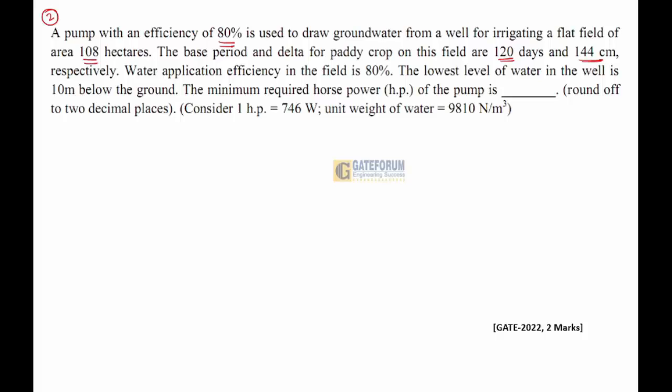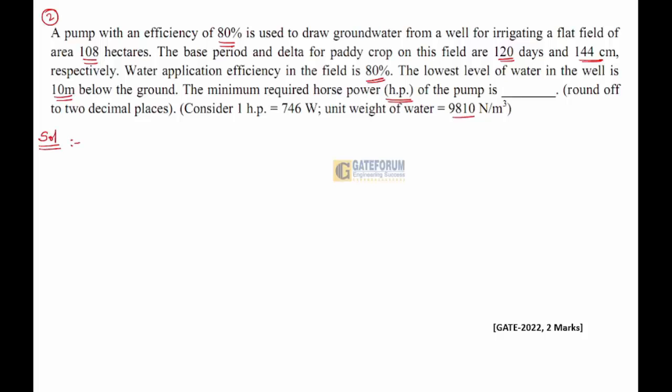Water application efficiency in the field is 80%. Lowest level of water in the well is 10 meter below the ground. The minimum required horsepower of the pump is dash, round off to 2 decimals. Consider 1 HP equal to 746 watt. Unit weight of water is 9810 Newton per meter cube. So this is a question from pumps.